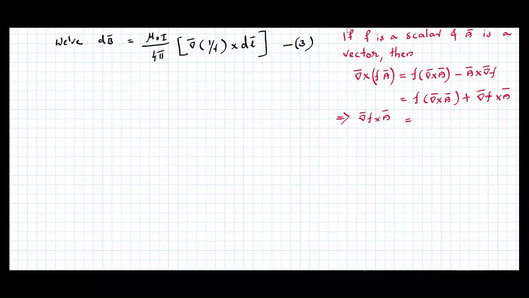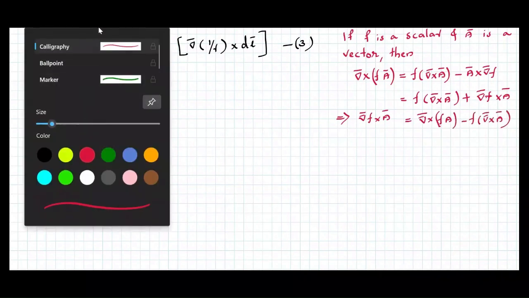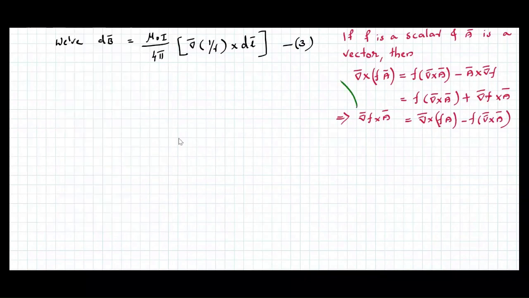From that we have del f cross a is equal to del cross fa minus f del cross a. Now in equation number 3 we have a similar expression, del 1 by r cross dl.